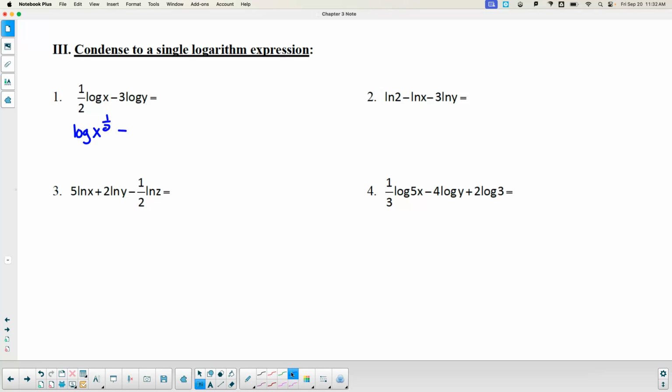Then this still becomes minus log of y cubed. Then I can combine those both into 1 single solitary log of the square root of x divided by y cubed. Technically, I should put a set of parentheses around those.